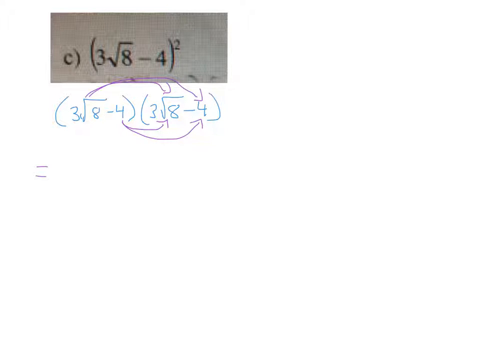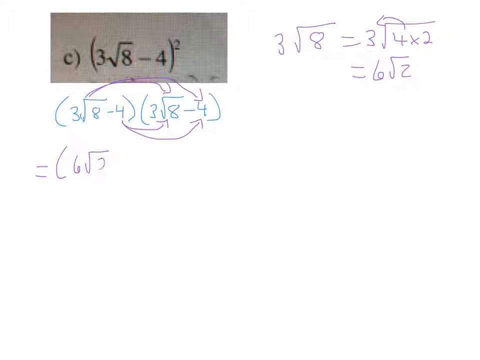Now if you happen to notice, 3 root 8 actually could break down into 3 root 4 times 2. Square root of 4 can come out as 2, so you'll get 6 root 2. So if you wanted to, you could write this as 6 root 2 minus 4 times 6 root 2 minus 4.